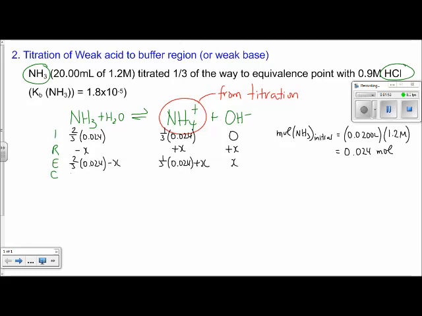And then, of course, to generate the equilibrium concentrations, we would take the equilibrium moles and divide them by that total volume. Remember, you don't need to figure out the total volume at this stage, because by now you've learned that they cancel out in the final calculation.